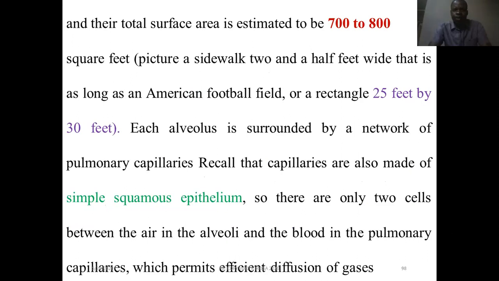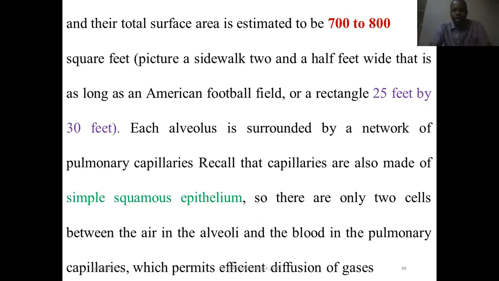Picture a sidewalk 2.5 feet wide that is as long as an American football field, or a rectangle 25 feet by 30 feet. Those are just measurements of how big it is.